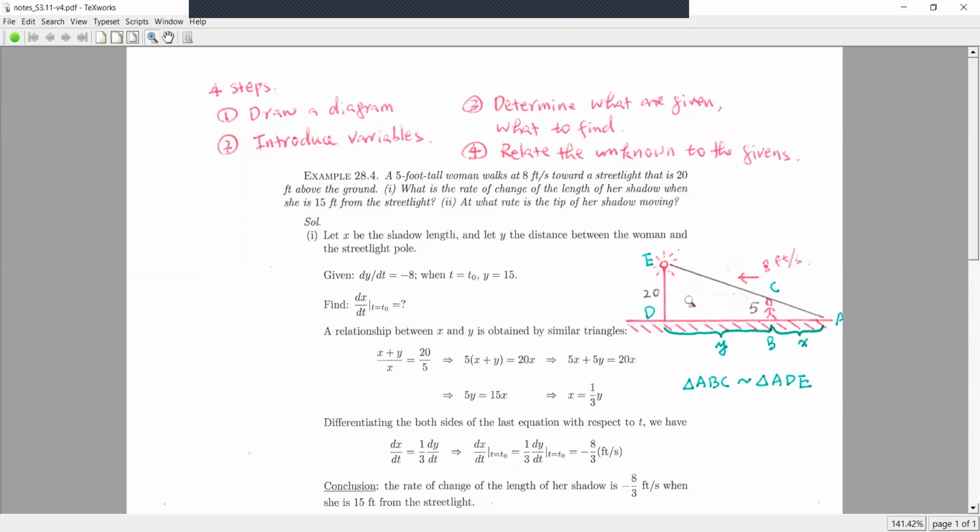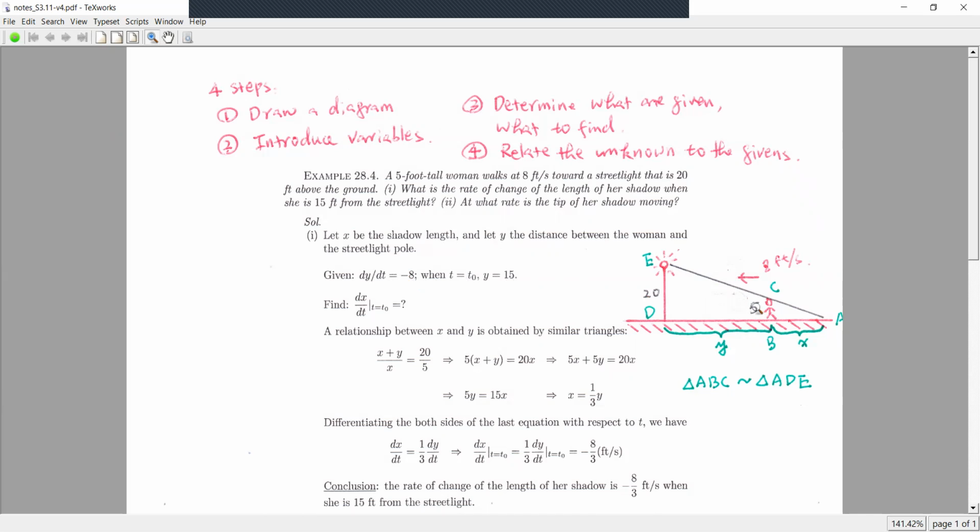The distance is denoted by y. Therefore, the rate of change of y is 8 feet per second. In other words, the derivative of y with respect to the time t is 8. I add a minus sign because y is decreasing.